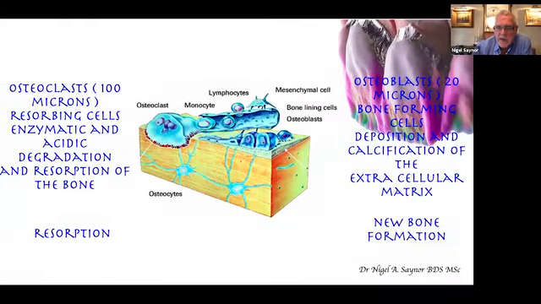Let's look at the osteoclasts and the osteoblasts. Look at the different sizes of them, etc. The osteoclasts are significantly larger than the osteoblasts. They are the resorbing cells, the enzymatic and acidic, whereas the osteoblasts are more alkaline. Think about new bone formation, whatever materials that you are going to use for your augmentation.